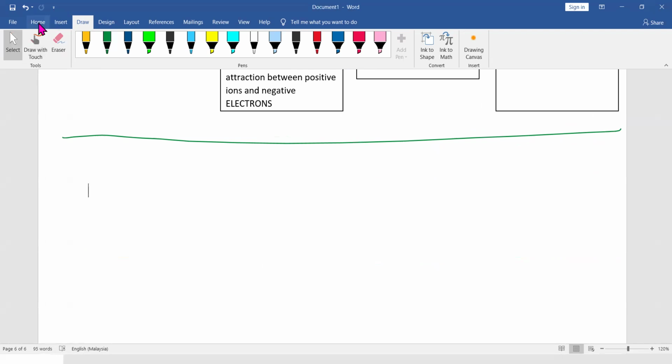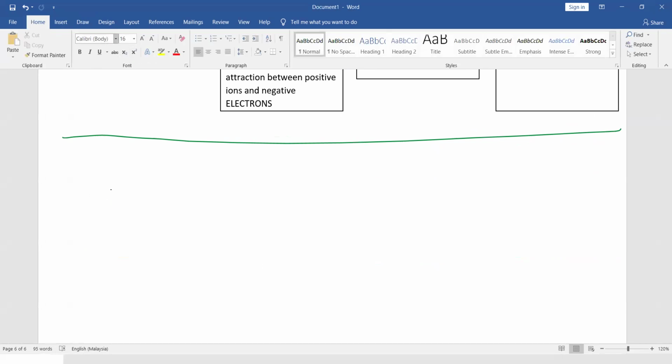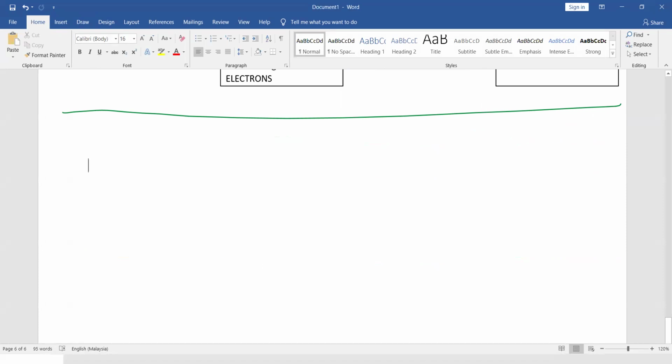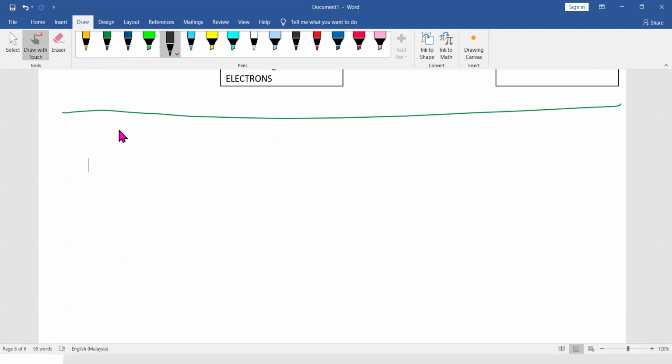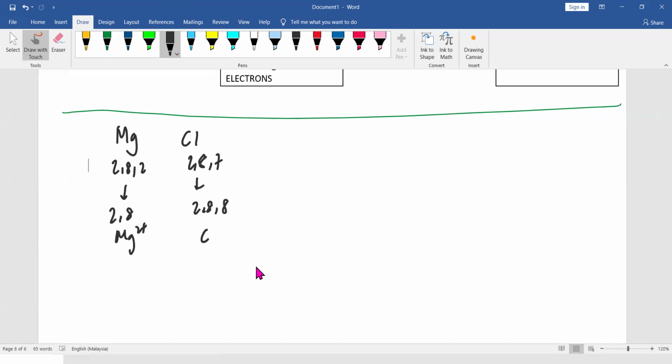Okay, now we're going to do something that you need to memorize even though you don't like it. Remember previously, if I gave you magnesium and chlorine, how do you write the electron arrangement? Magnesium is 2,8,2, chlorine is 2,8,7, and then magnesium becomes Mg2+, and chlorine becomes 2,8,8, chloride 1 negative. What is the formula of magnesium chloride?